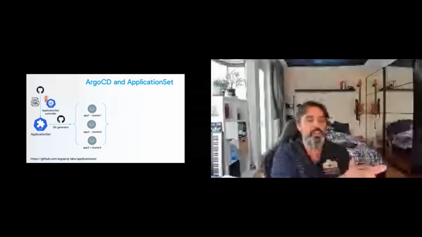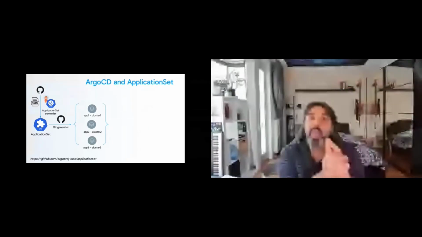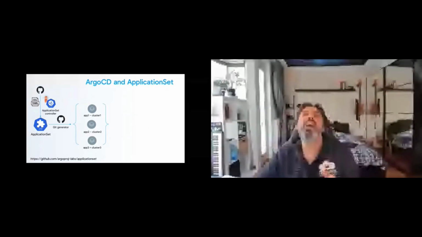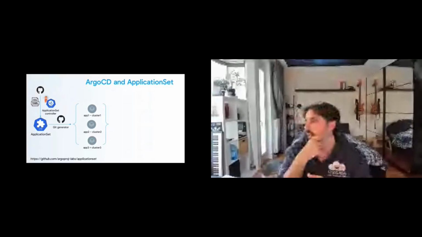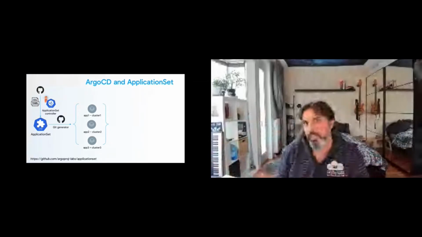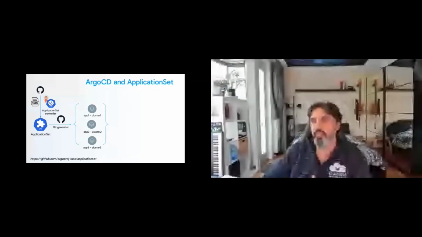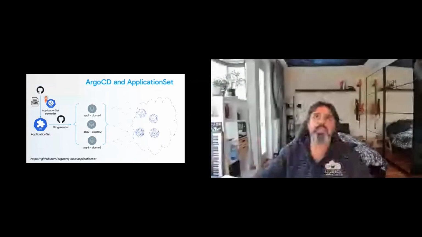What the application set does is point to a folder in GitHub, and everything that is in there creates an app out of it. So it goes through a Git repository and creates as many apps or clusters, because clusters are apps, as needed. And then all these things can be applied.